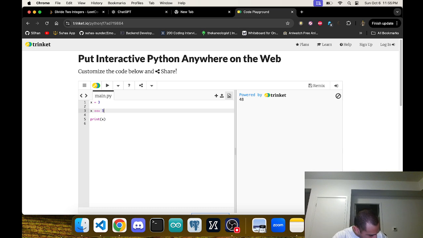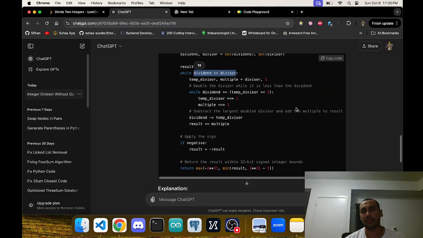My arms are cramped from the gym. Like overshot. Okay, but I get what the bit shift is trying to do. Double the divisor while it is less than the dividend.